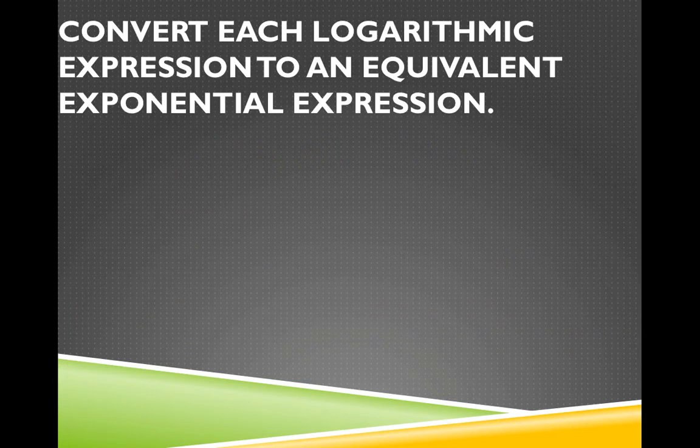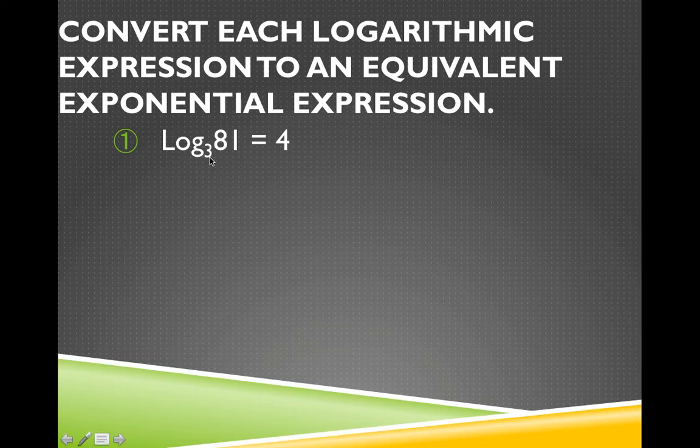What we're going to do next is convert logarithmic expressions to equivalent exponential expressions using our definition. So here's the first one. What I'm going to do is I'm going to always start with the base. Now this little process that we're going to look at next we call Loggy Froggy, which is a funny little name that we've given to this. It's not very mathematical at all, but it helps us to remember kind of what's going on here.